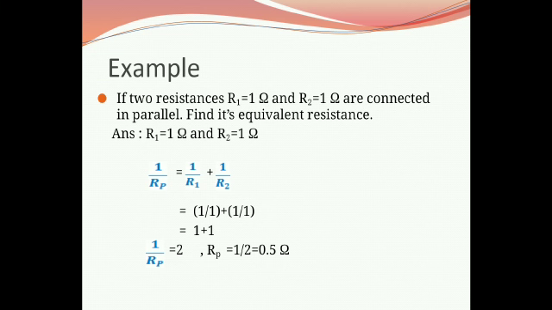The formula for equivalent resistance in parallel combination is 1 upon Rp equals 1 upon R1 plus 1 upon R2. Therefore, it equals 1 upon 1 plus 1 upon 1, which is 1 plus 1. That means 1 upon Rp equals 2, and therefore Rp equals 1 upon 2, that is 0.5 ohm.